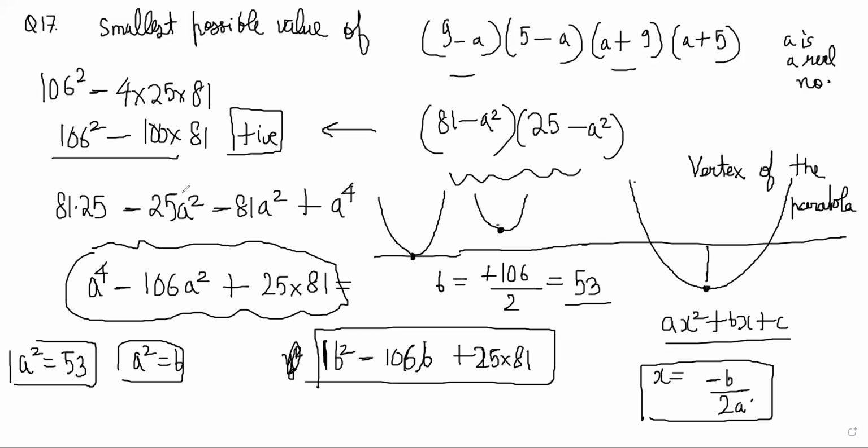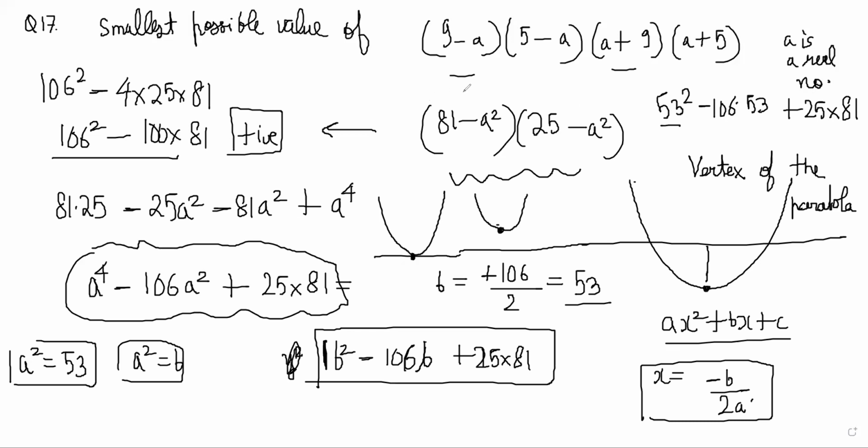At that point, what is the value of the expression? It becomes 53 square minus 106 into 53 plus 25 into 81, which is slightly annoying. So you can go back to the original one, 81 minus a square.